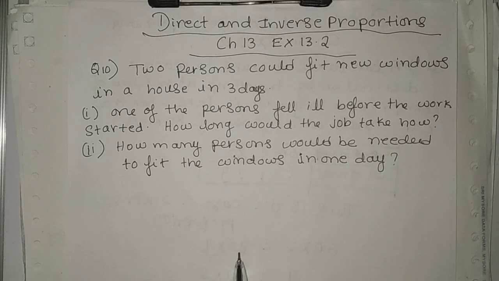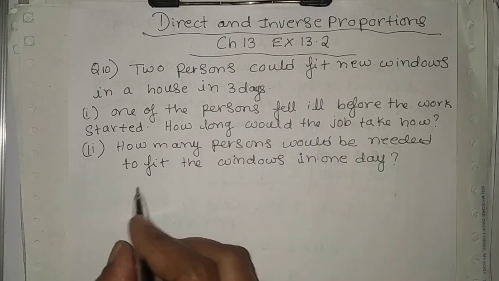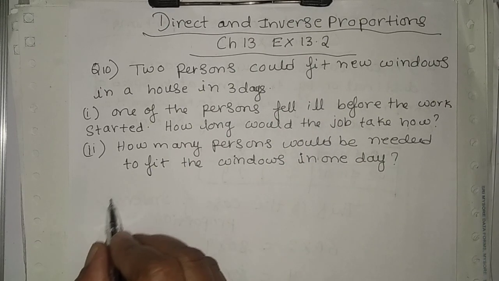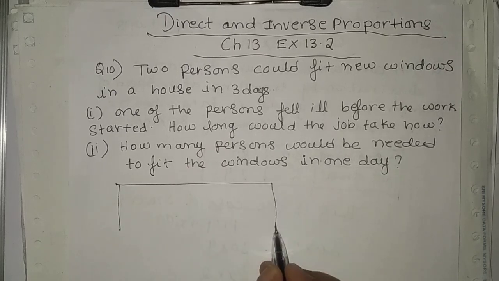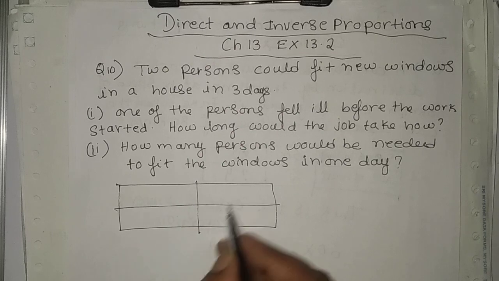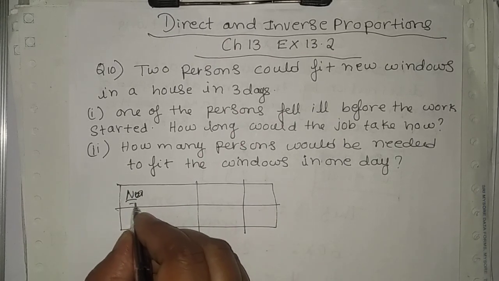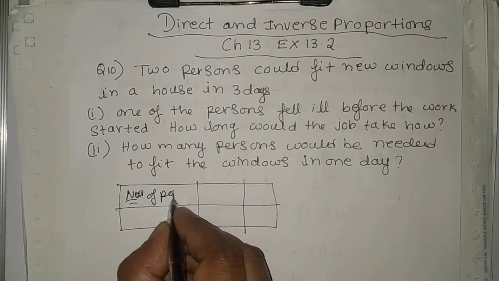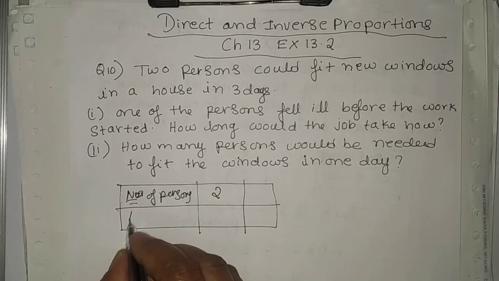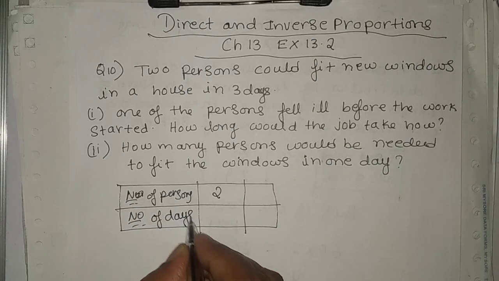In the first case, two persons will fit the windows in the house in 3 days. So the number of persons is 2 and the number of days is 3.